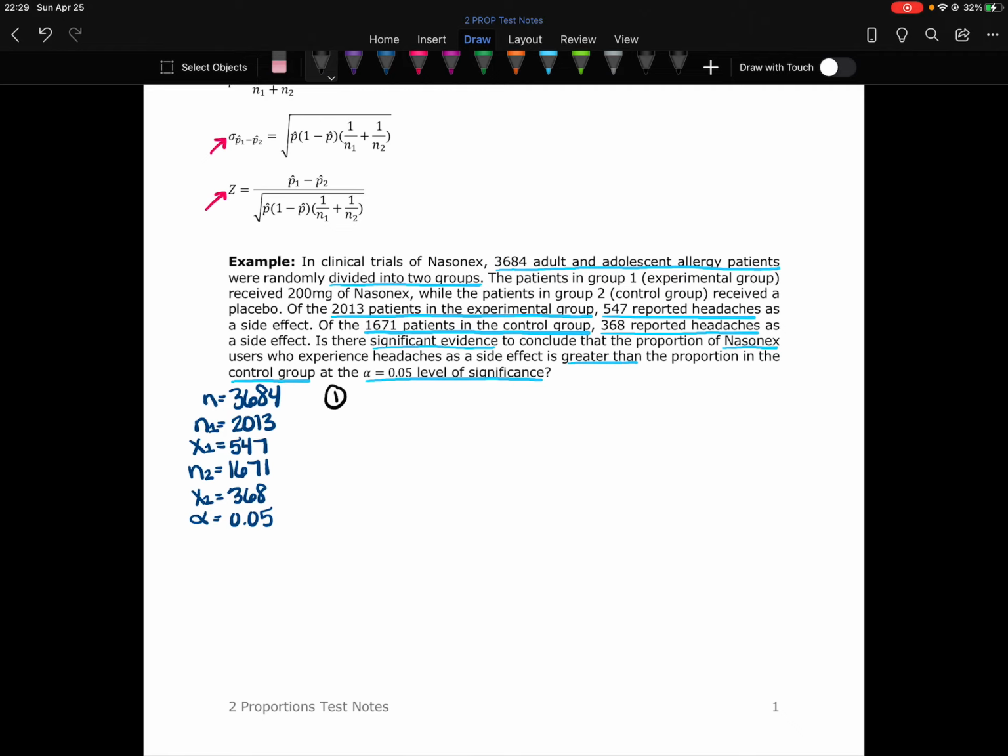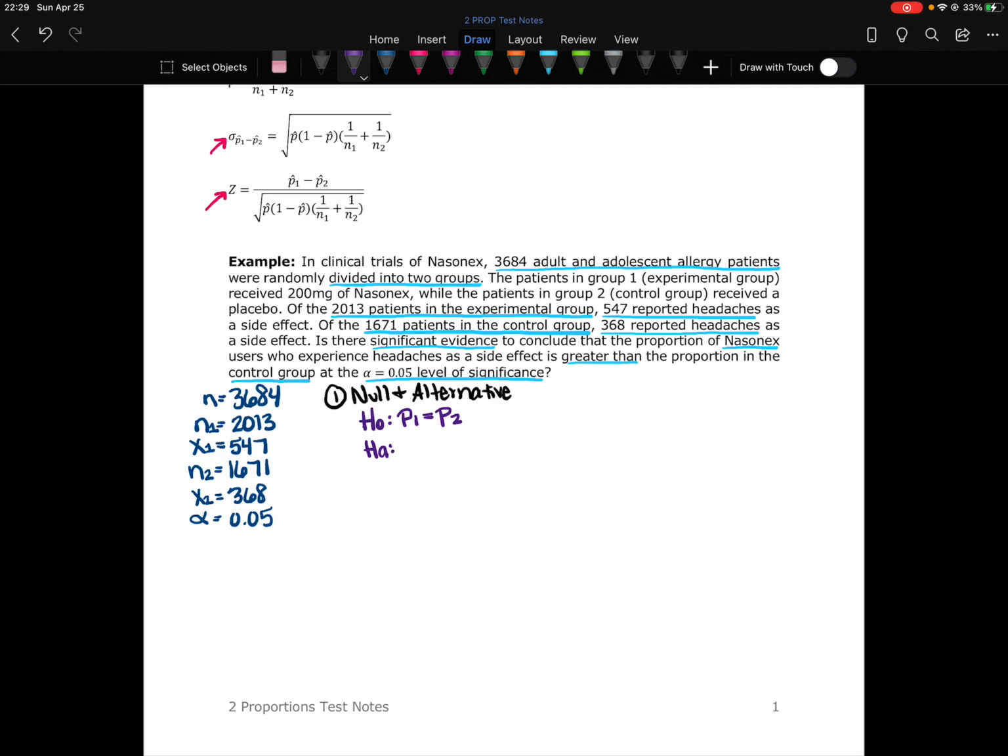So the first thing I'm going to do is write my null and alternative. Now this is going to look pretty similar to what we were doing before, with one slight alteration. We're still going to start with H0 and HA. But now in our null hypothesis, we are going to assume that the proportion in group 1 is equal to the proportion in group 2.